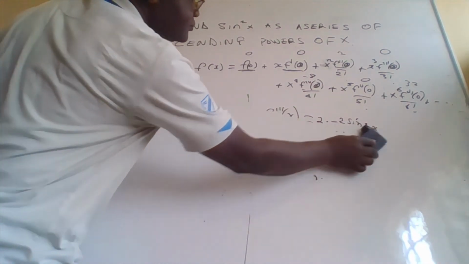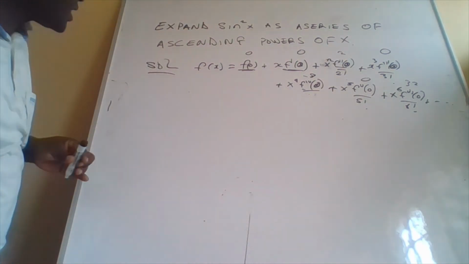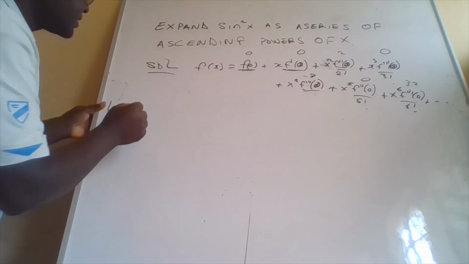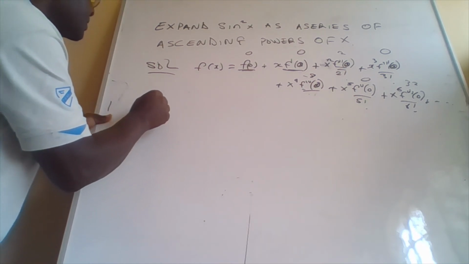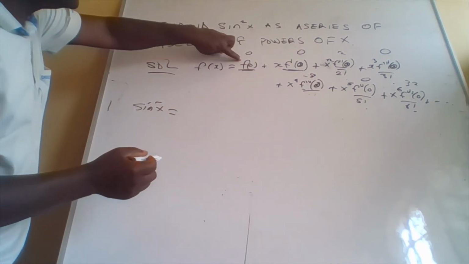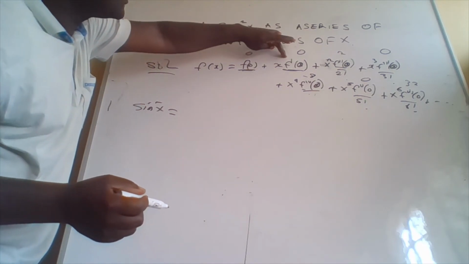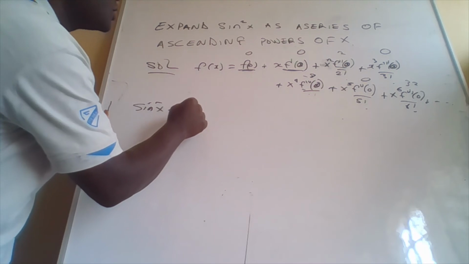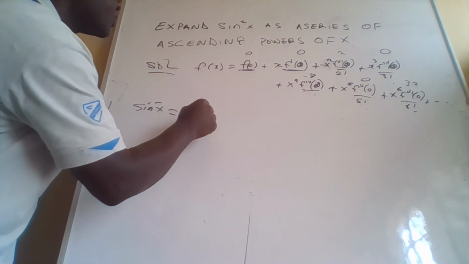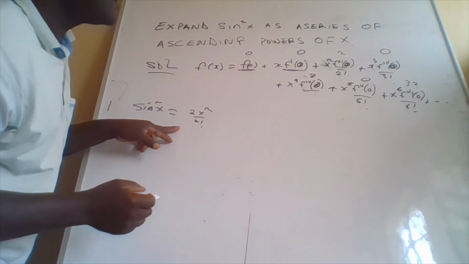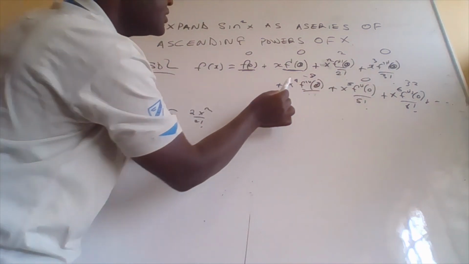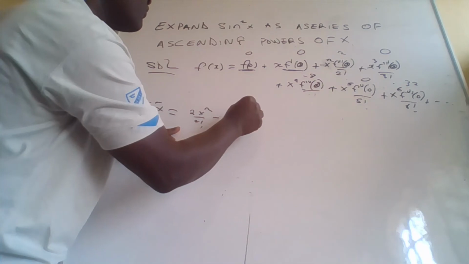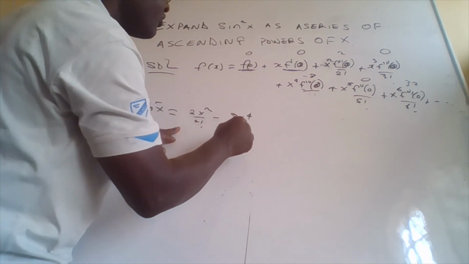We can now say that, of course, our f(x) was sine x squared, so we have sine x squared equal to, now this is 0, this is 0, here we have 2, so we have 2x squared over 2 factorial. This is 0, this is minus 8x to the 4 all over 4 factorial.